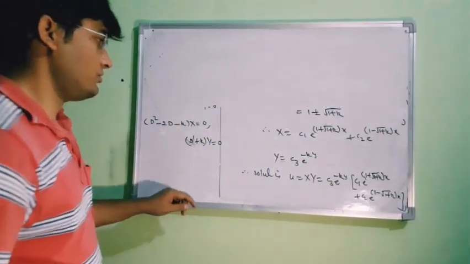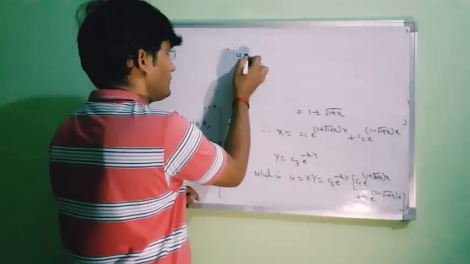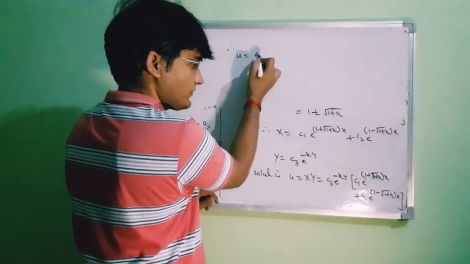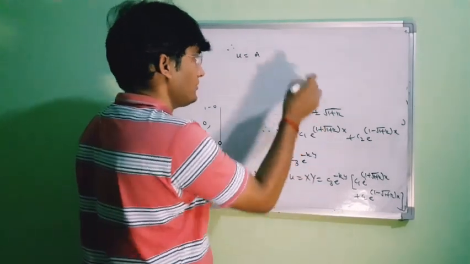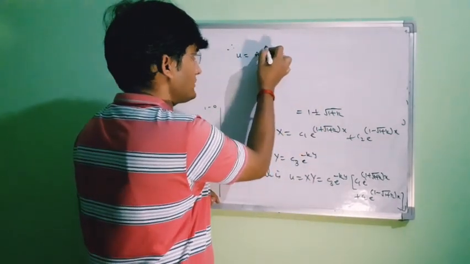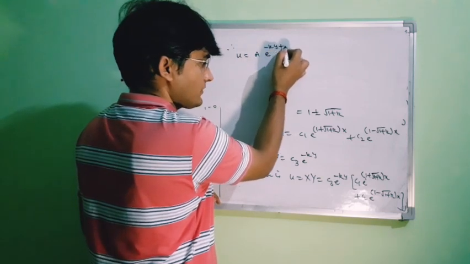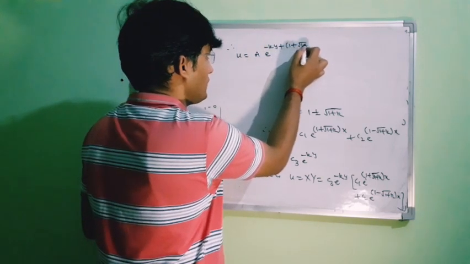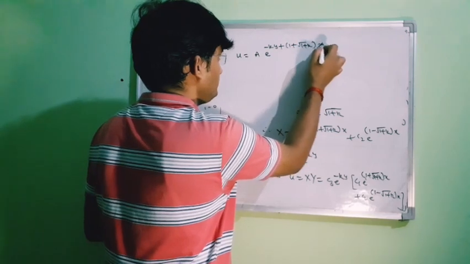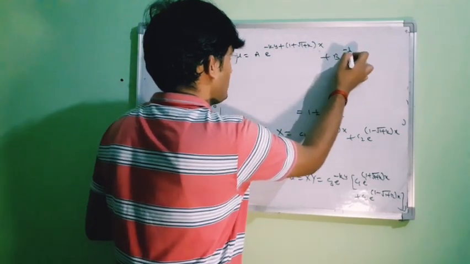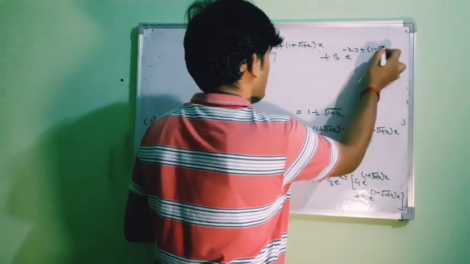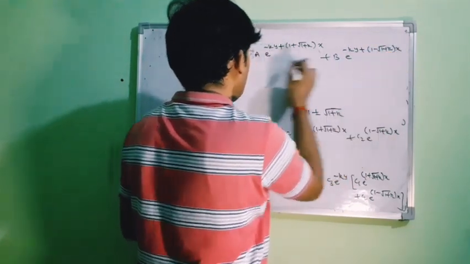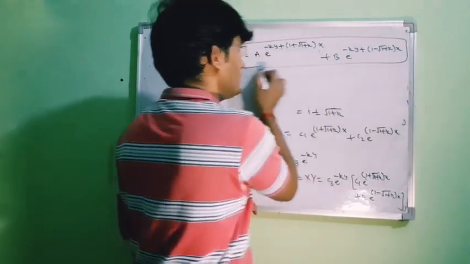So your answer will be u equal to some constant a, let us assume c1 into c3 as a, so this will be a e to power minus ky plus (1 plus under root 1 plus k) x, plus b e to power minus ky plus (1 minus under root 1 plus k) x. So this is your solution of the partial differential equation.